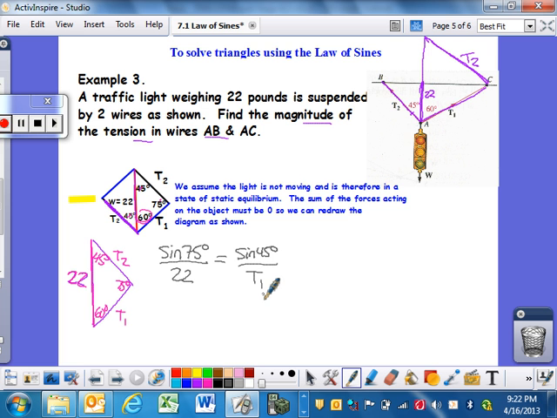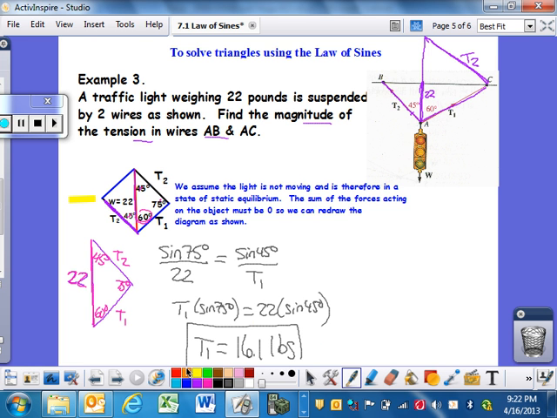And now you just do your cross multiplication. So I cross multiply, and I get T1 times sine of 75 equals 22 times the sine of 45. And now you divide the sine of 75 over and do your math, and T1 is going to end up equaling 16.1 pounds.